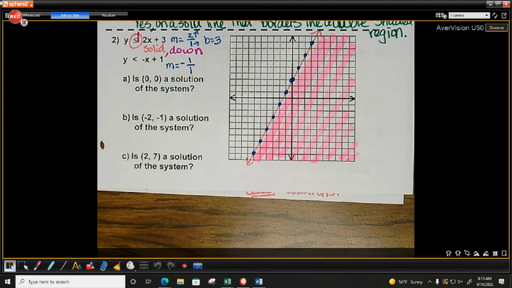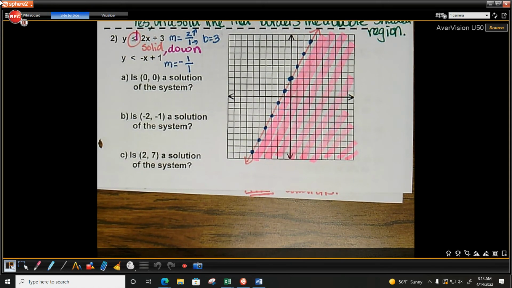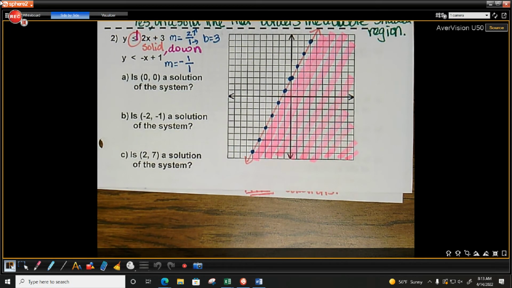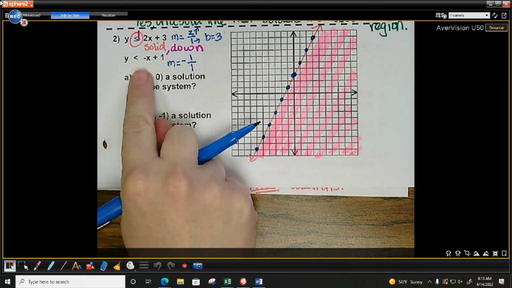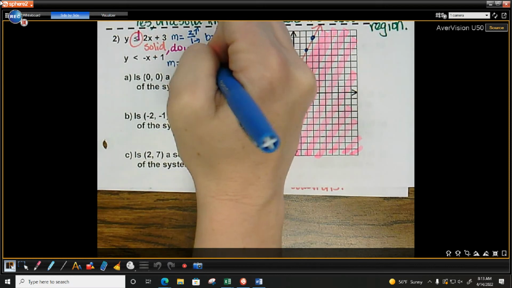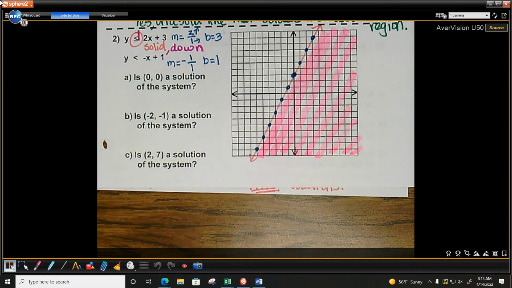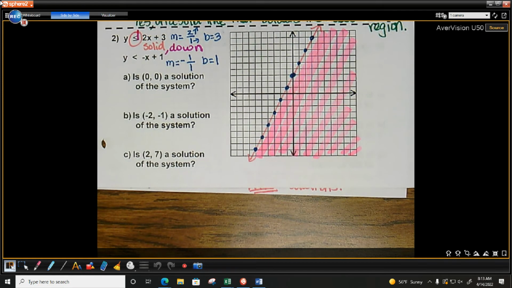Very good. What is my b or my y-intercept, Syra? 1. So where do I begin when I am graphing, Leo? On b or 1 or a?